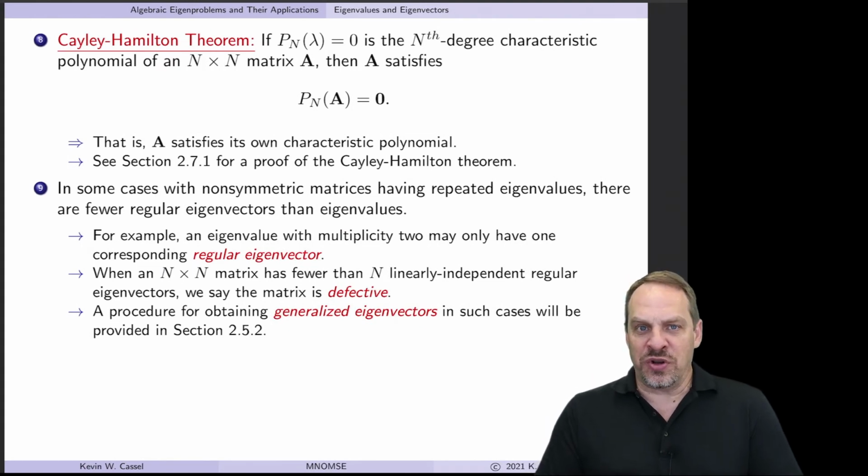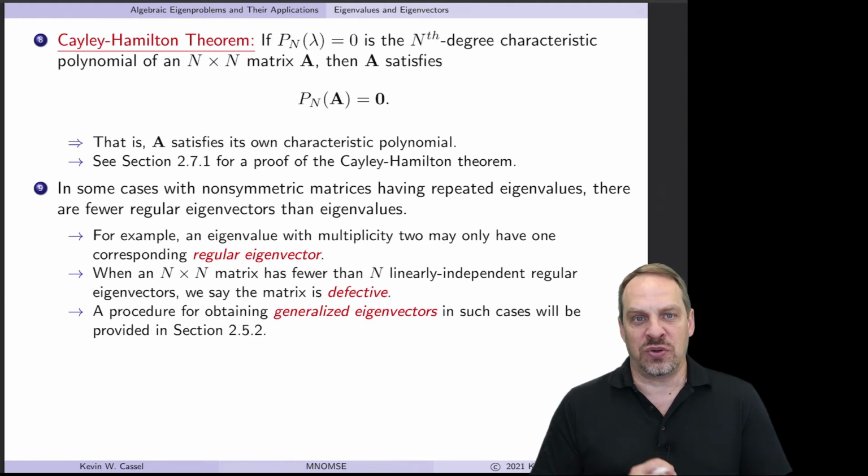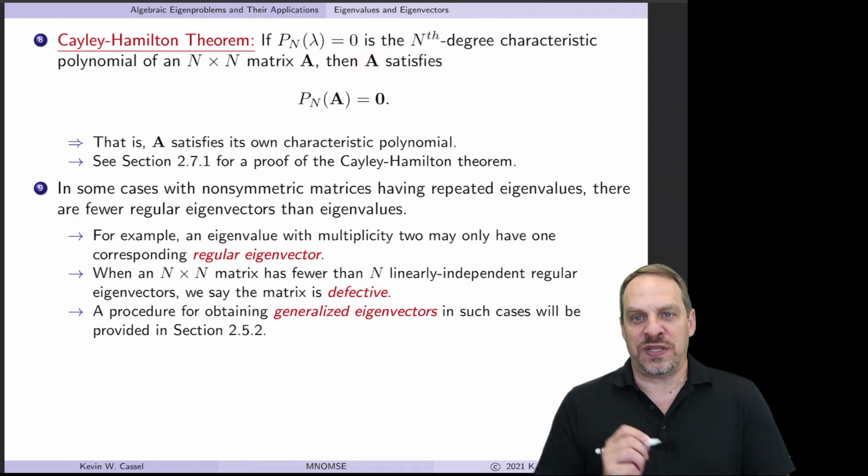Cayley-Hamilton theorem. You may have heard of this theorem. It's a very simple sounding theorem, but it actually has quite a few very powerful implications. What it says is, if you have an n by n matrix A, you get the characteristic polynomial, let's call it p sub n of lambda equal to 0, so that's an nth degree polynomial. Turns out, if you take out the lambda and replace it with the original matrix A, it satisfies that equation.